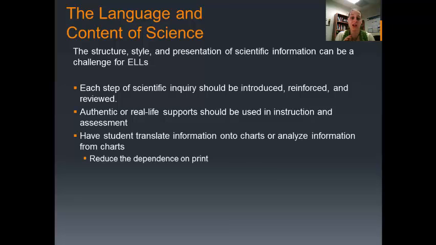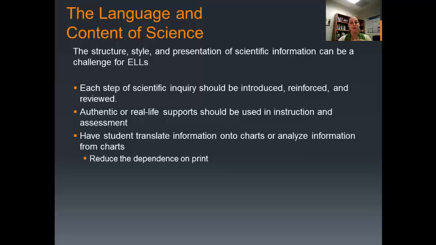Also, a really good part of this would be to have students transfer the information that they're deriving into tables and charts, where the numbers and the information are displayed without language.